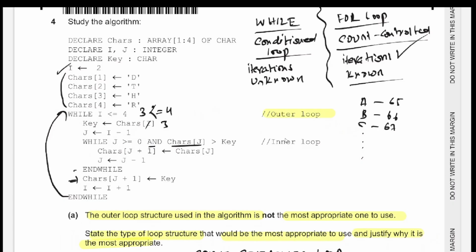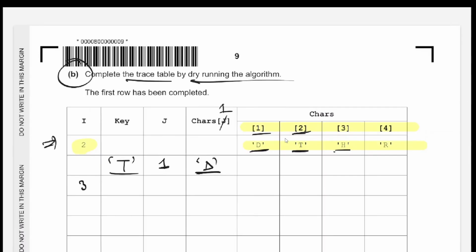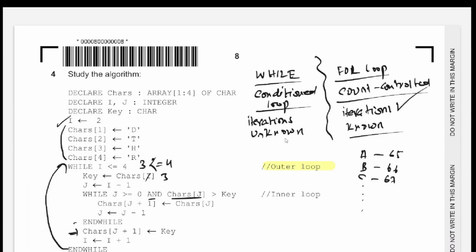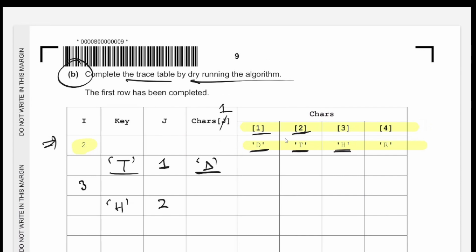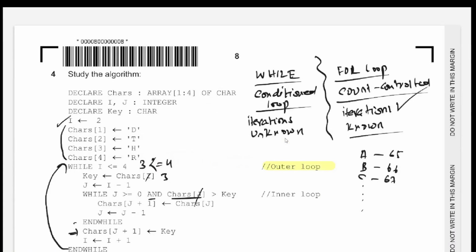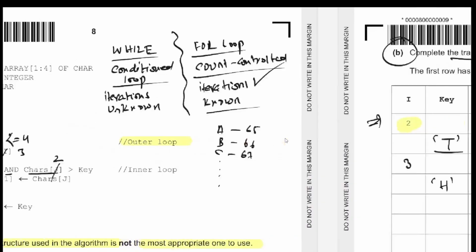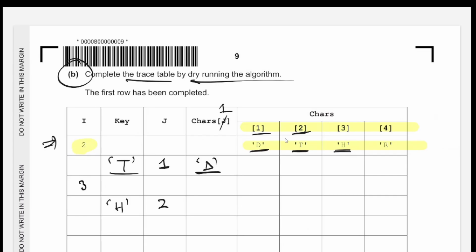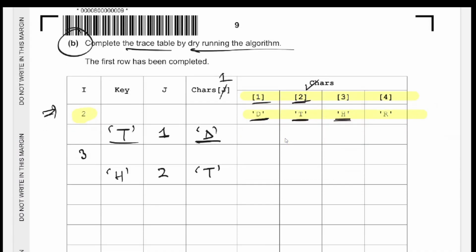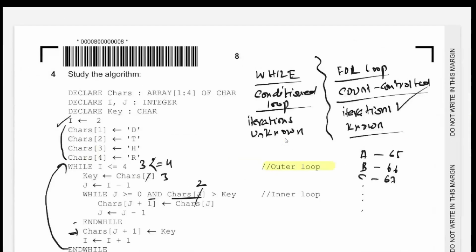So what is char[3]? Char[3] is this H. Now here we have H, and then 3 minus 1 is 2, so J is 2. Char[2] location, this is T here. Okay, so by this we'll now move forward.